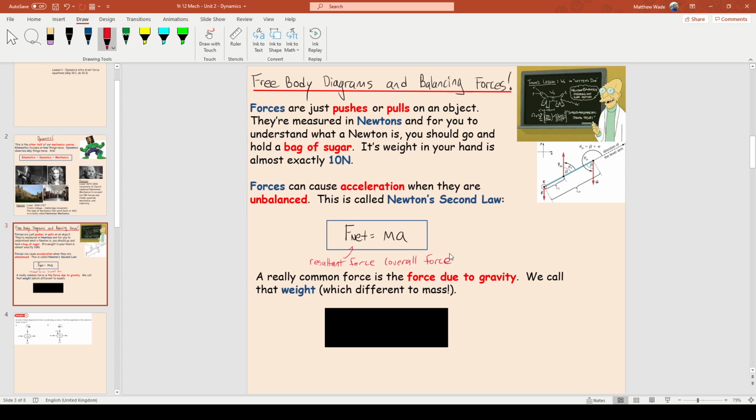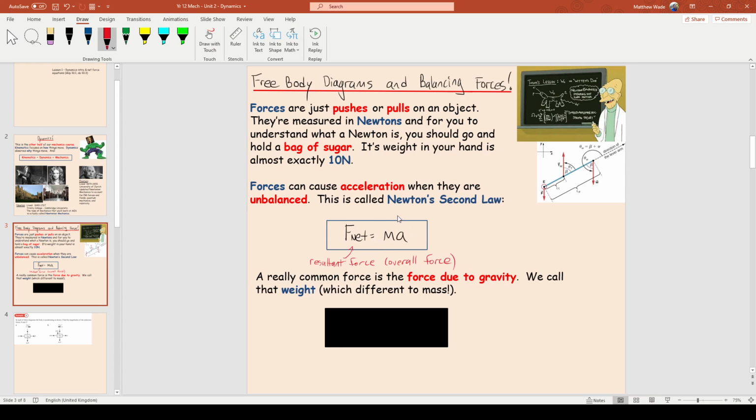Now, it's called F net, and you might know the word net from business studies. If you take your income and take off the expenses, what you net is what's left over, and that's why it's called F net, what's left over.